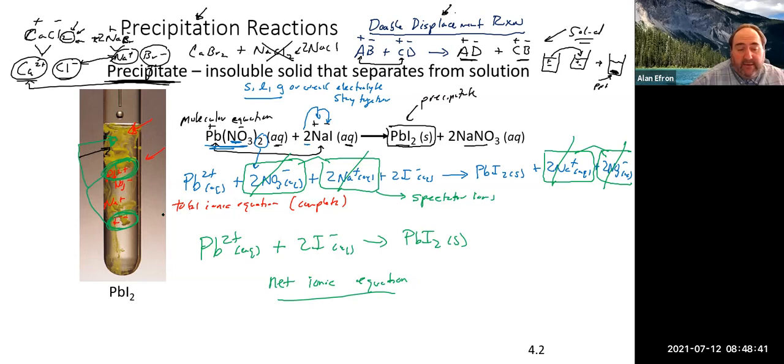Everybody else is still there. They're still floating around in the solution, but they're really not doing anything, those spectator ions. It is when you put the lead ion and the iodide ion together that they form the solid.